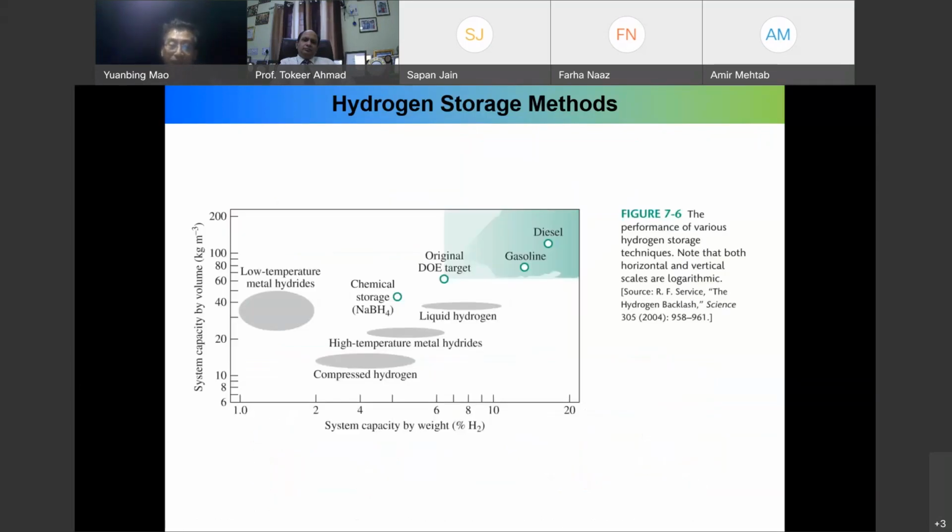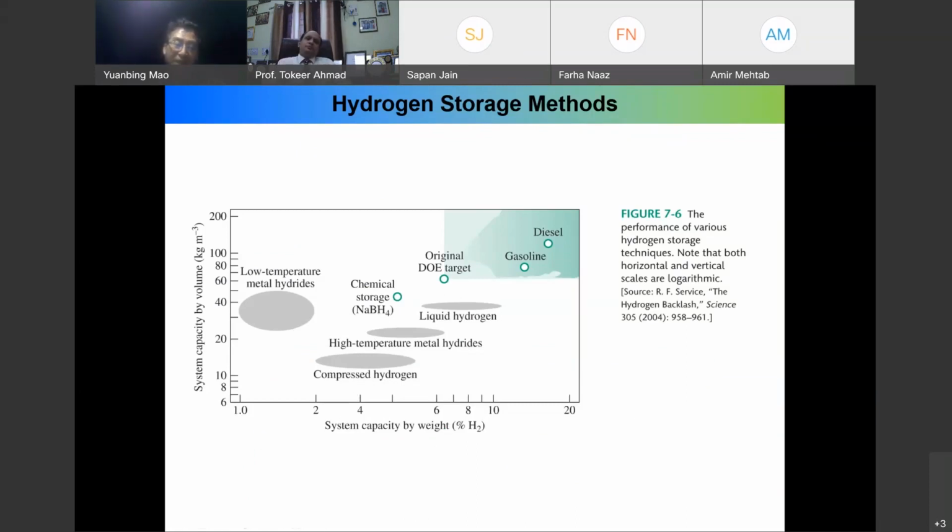So here, this is in terms of the hydrogen storage capacity. Here you can see some of the techniques I just showed you earlier. Compressed hydrogen, right? The system capacity by weight is not that high, but it still works for vehicles.